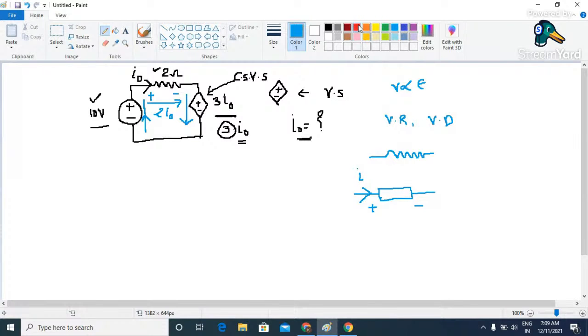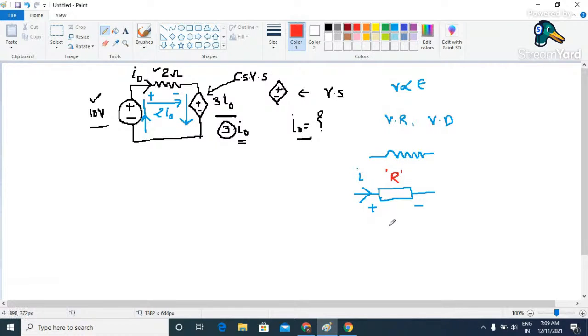Now suppose I am interested in writing the expression for the voltage developed across this element, and let us consider that the ohmic value of this element is capital R.